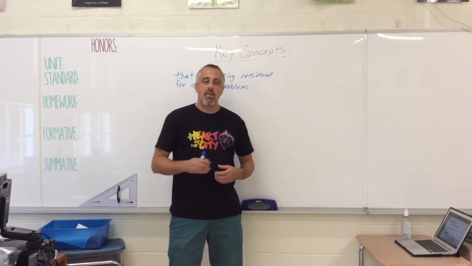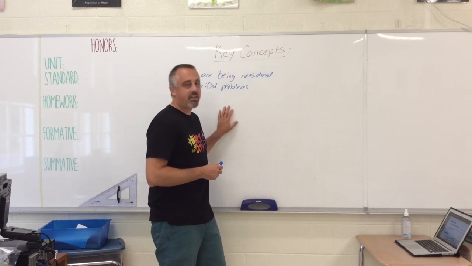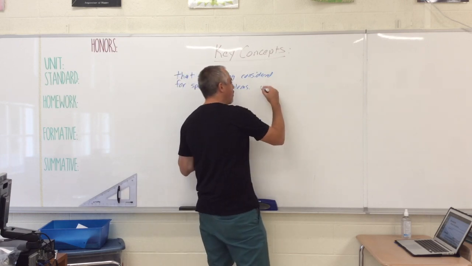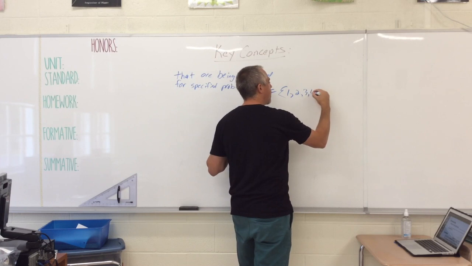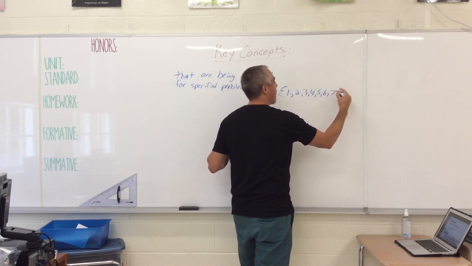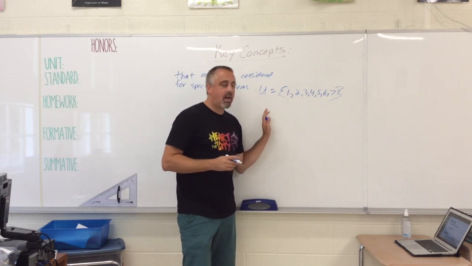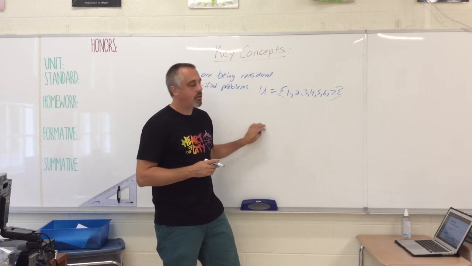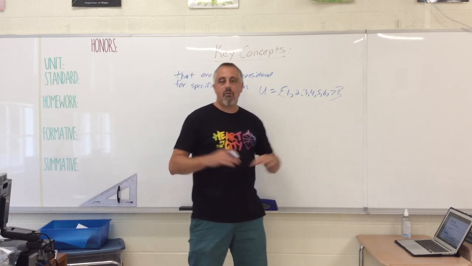What I mean by that is that the universal set can change. I could tell you, just consider for right now that U equals 1, 2, 3, 4, 5, 6, 7, and then there may be other sets within that. So it's important to understand that we're not saying the universal set is every number possible.